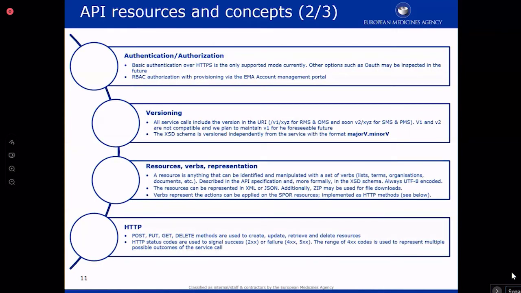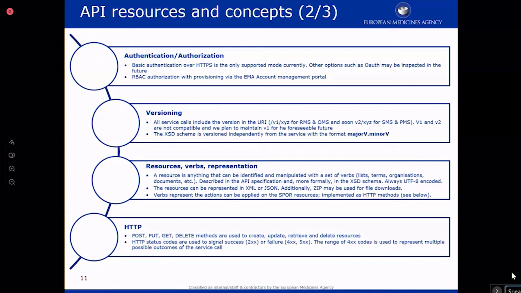In terms of resources and concepts, for the authentication and authorization in SPOR, we have only the basic authentication over HTTPS as the only supported mode currently. We might have in the future other options, but at the moment, this is the only available.